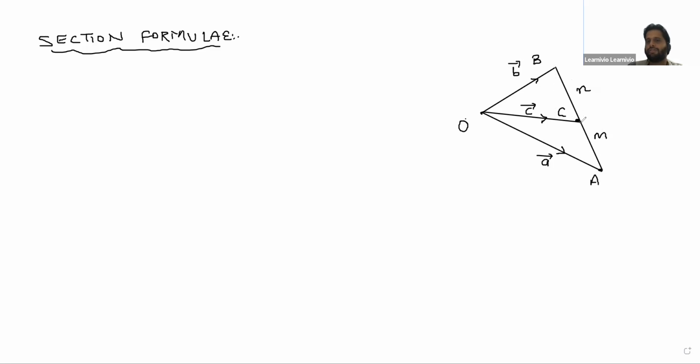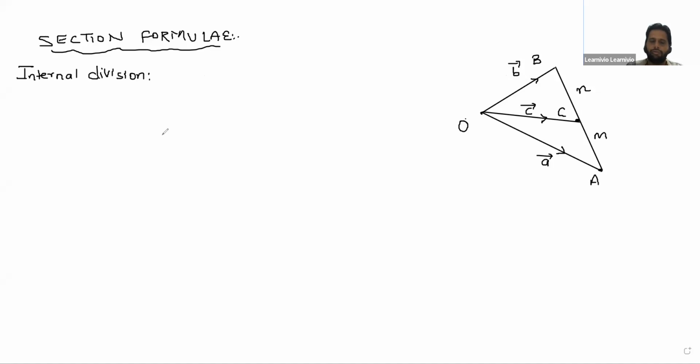As this point C lies inside this line AB, we will say that this is internal division. If point C lies inside the line AB, it is internal division. If the point C lies outside the line AB, then it is external division.